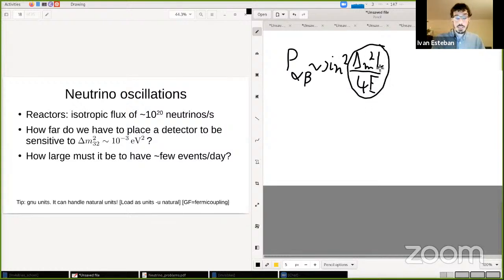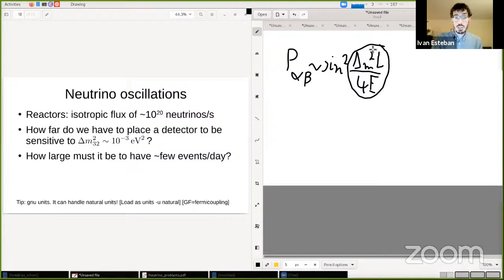If our distance L is very small, then this factor will be essentially 0 and we will see no effect. And if this L is very large, we will not be able to resolve the oscillations, and so we will not see this sinusoidal dependence, which is really the smoking gun of neutrino oscillations.